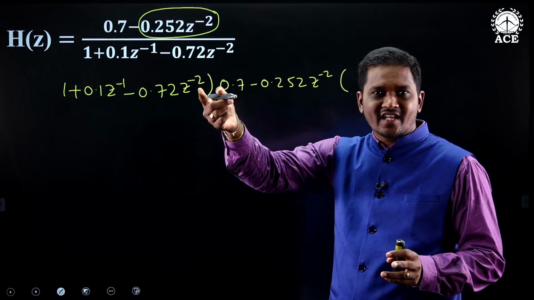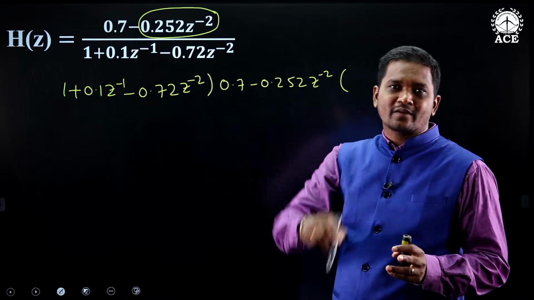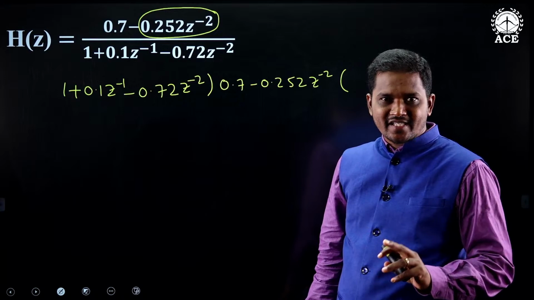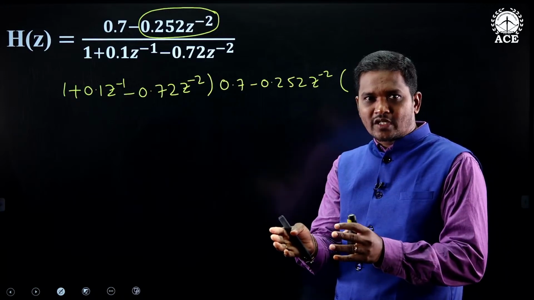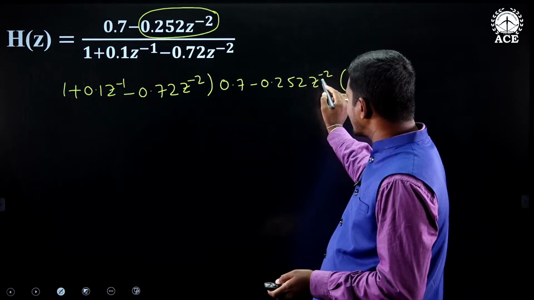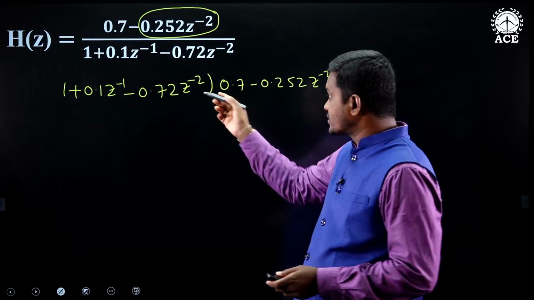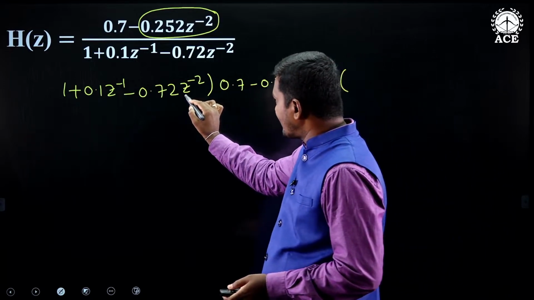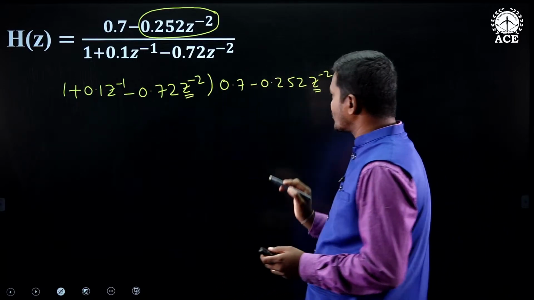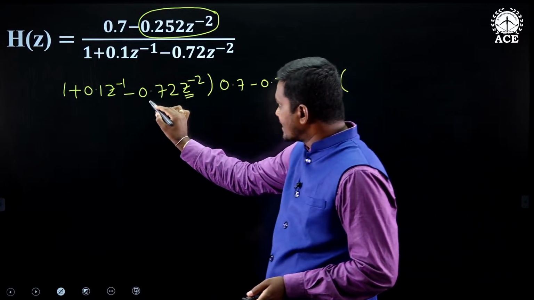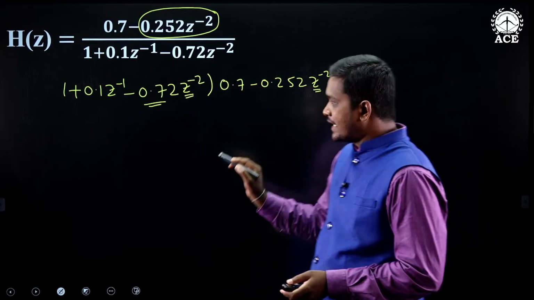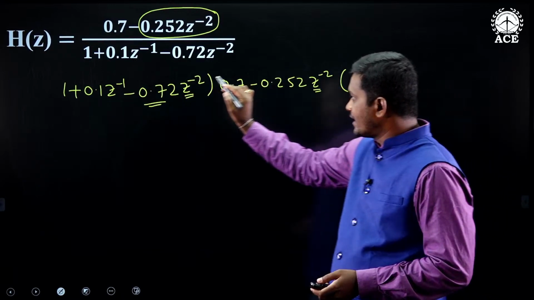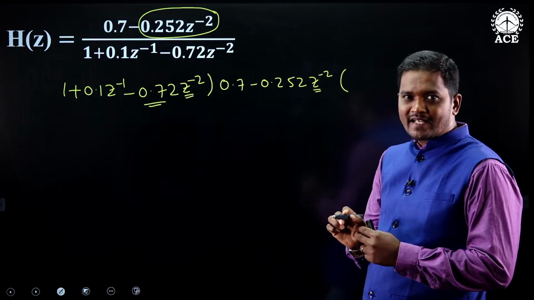Think logically. You need to cancel that z power minus 2 term, yes or not? Then only the numerator order will be decreased. So do some proper multiplication. Very simple logic I am telling. Here z power minus 2 is there, and here z power minus 2 is there. Here minus 0.72 is there, and here minus 0.252 is there. So by taking some coefficient x, multiplied with this one, you have to get minus 0.252.